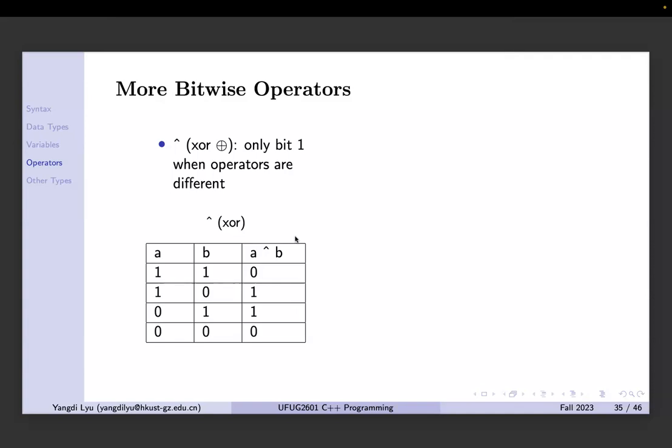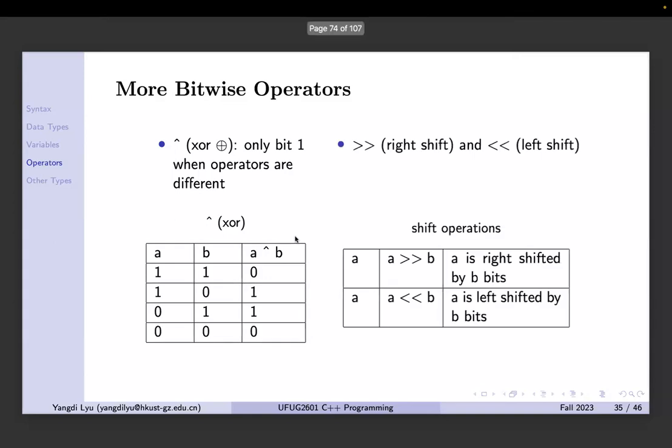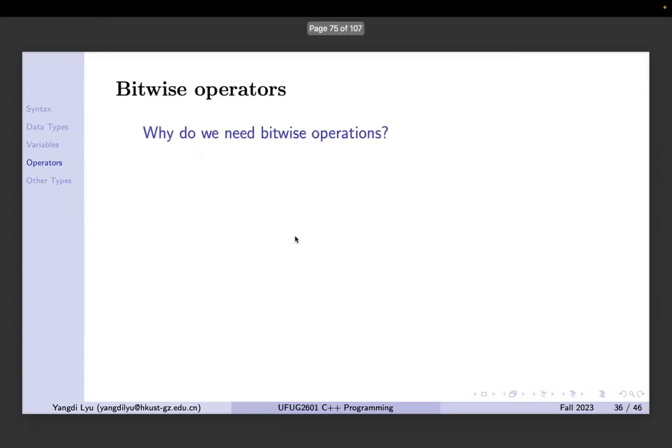So bitwise operations are very close to the lower level details about hardware implementations. And we have another one called a shift. So we can shift to the right, shift to the left. If you convert everything into binary, then you will understand what it means to shift left or shift right. So the question is, why do we need bitwise operations?